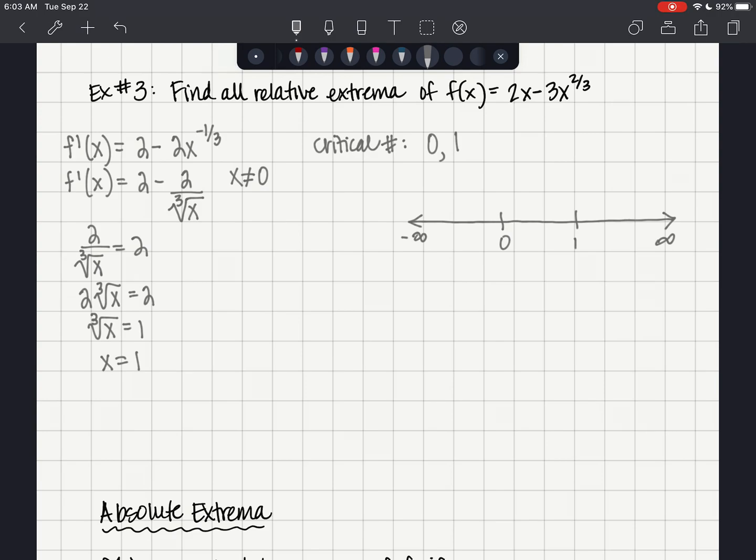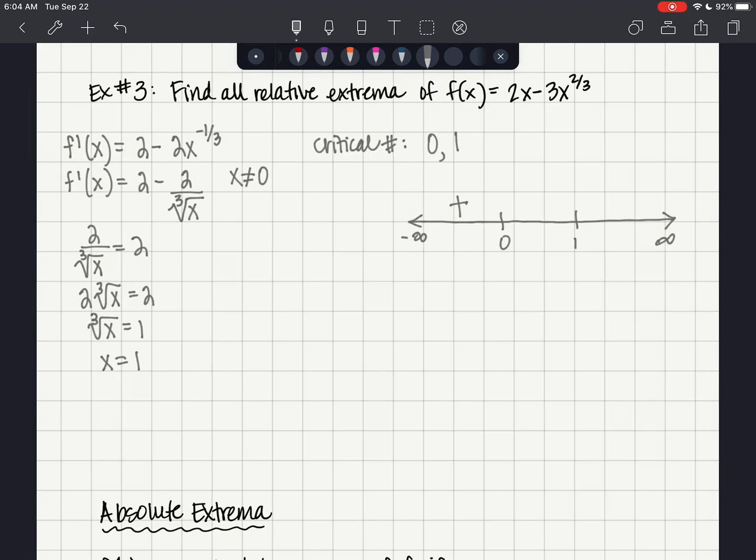I'm going to plug values into my first derivative. And when I plug values into my first derivative, you don't need me to do this. You can do this. If I put a negative 8 in, the cubed root of negative 8 is negative 2, and that's going to give me a positive here. If you need to go slower with your arithmetic, it's absolutely fine.